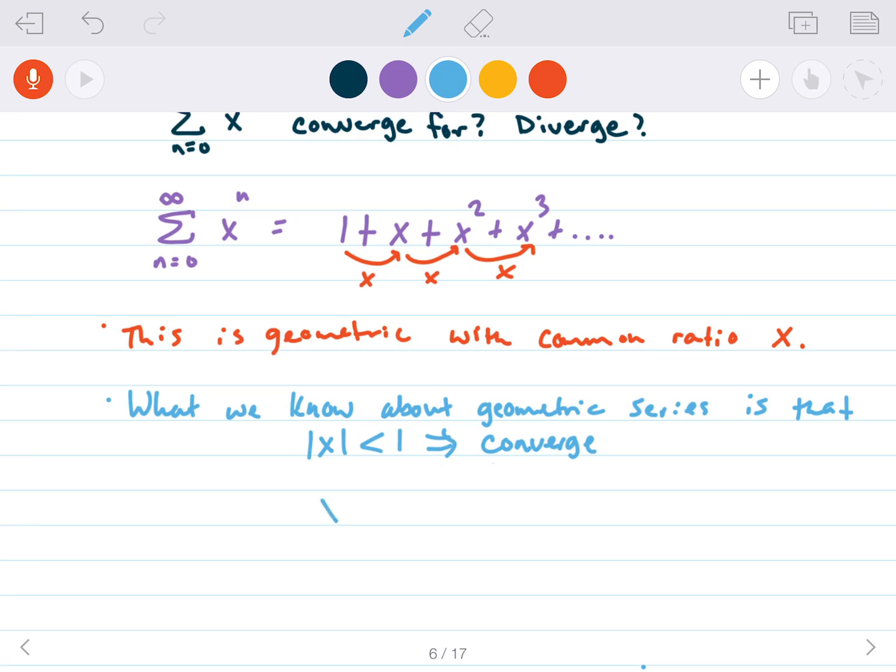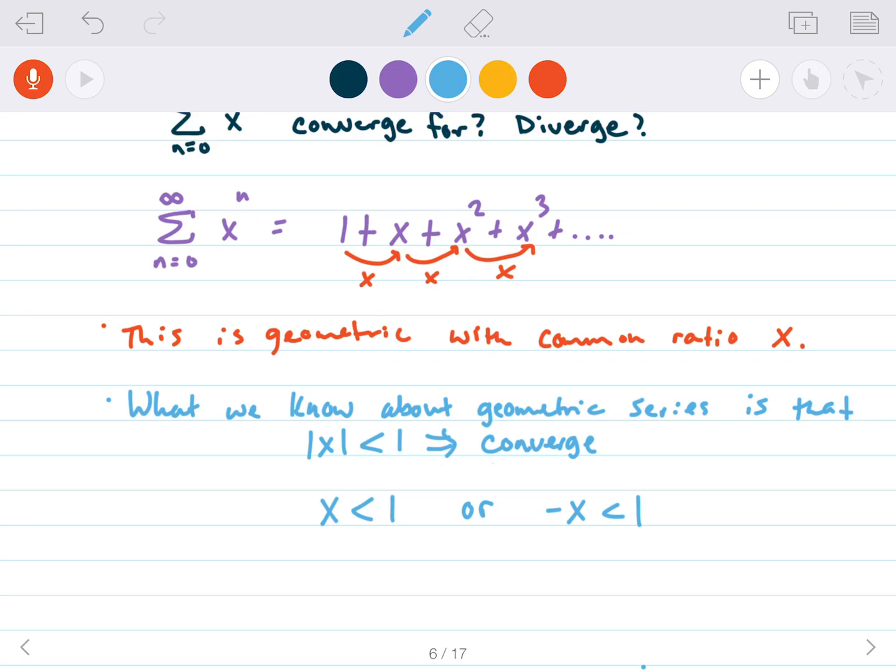We either have that the thing is positive, x is less than 1, or the other option is that it ended up being negative, right? The inside is negative. So we either have x is less than 1 or negative x is less than 1.